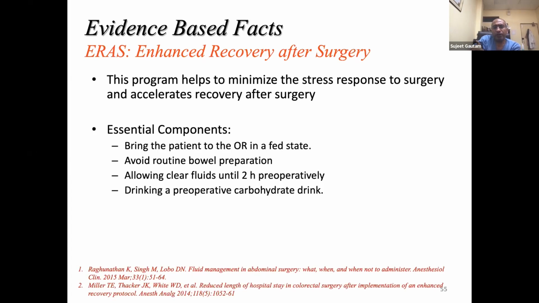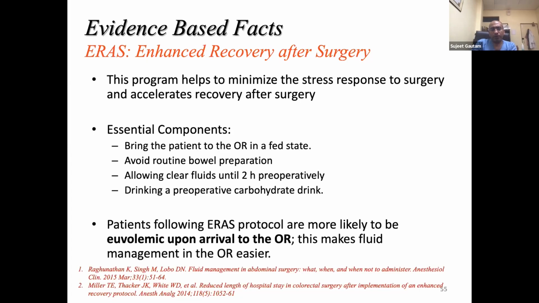And in a nutshell, the basic component of ERAS is that the patient should be brought to the OT in a fed state, and during the surgery, goal-directed fluid therapy is used, and in the post-operative period, oral route fluids are started as early as possible. So this is the basic chunk of ERAS protocol.